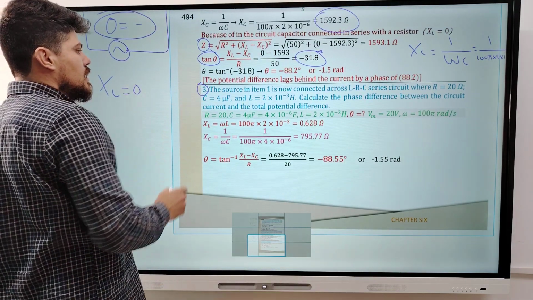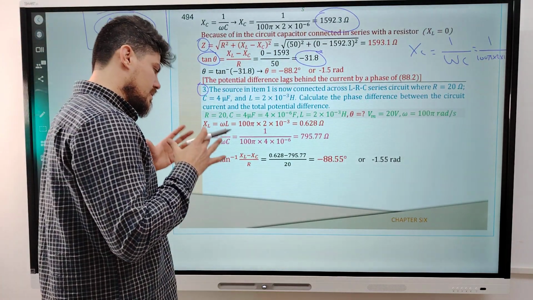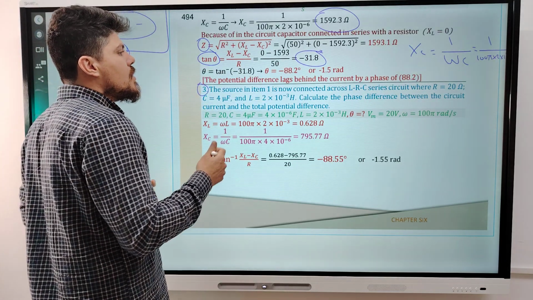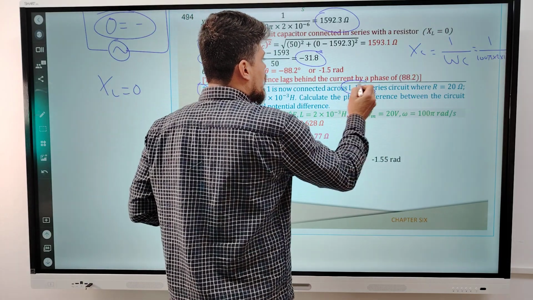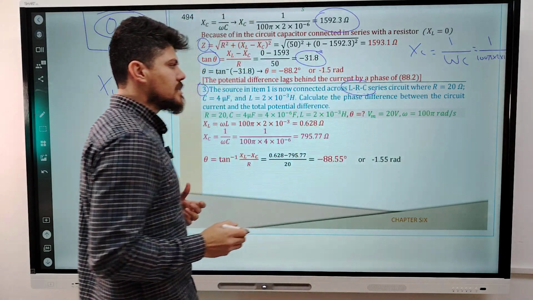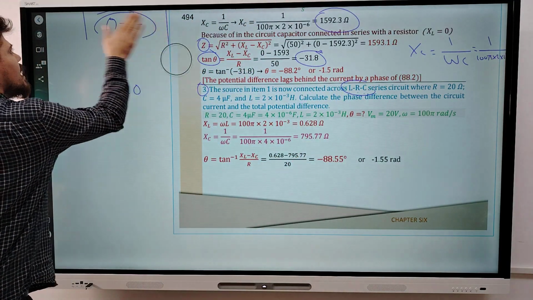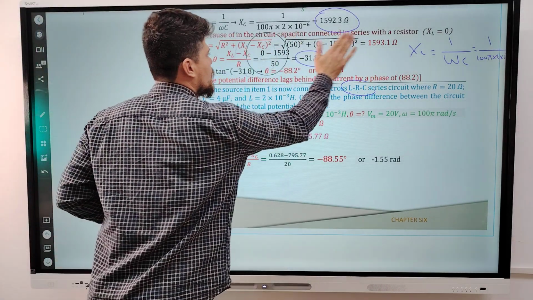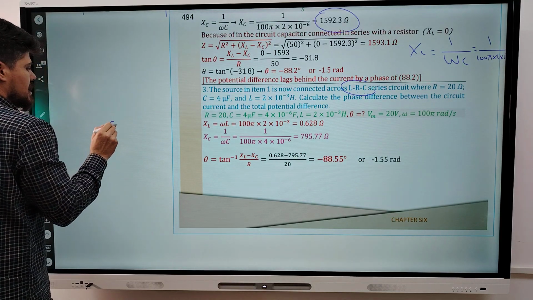Question 3, the source in item 1, also this question is related to question 1, now connected across inductance, resistance, and capacitance. So we have inductance, capacitance, and resistance. So the circuit is like that.